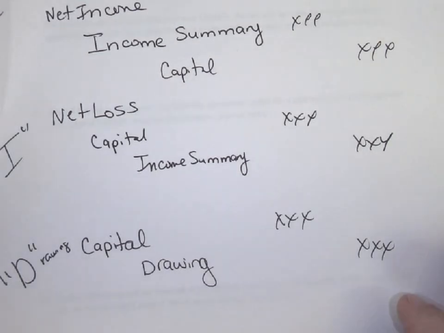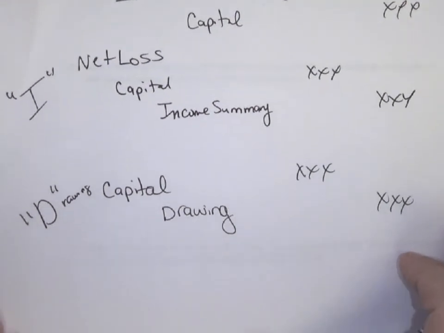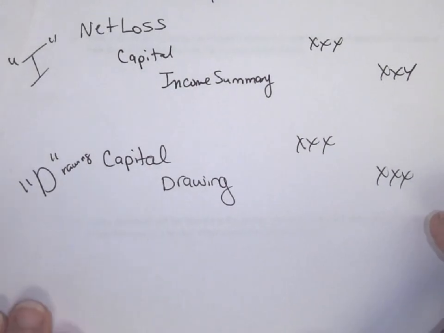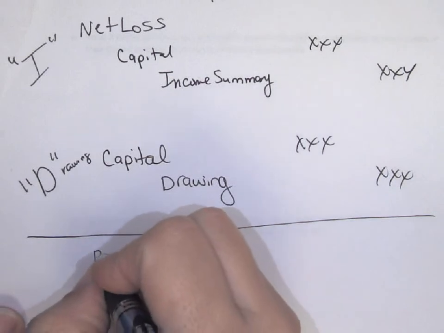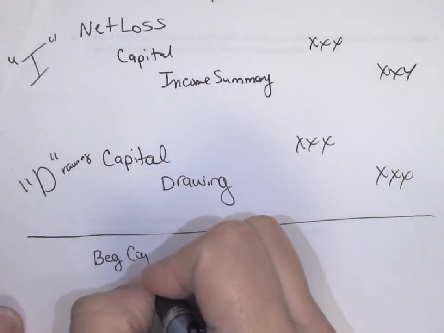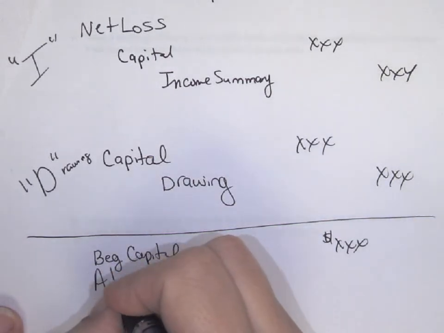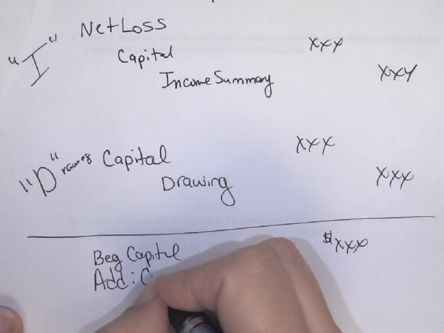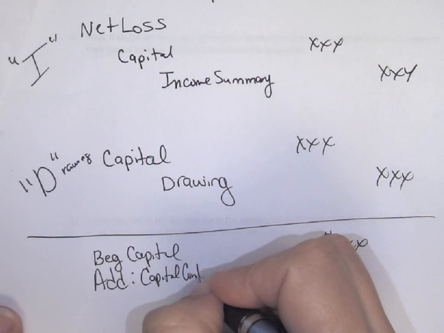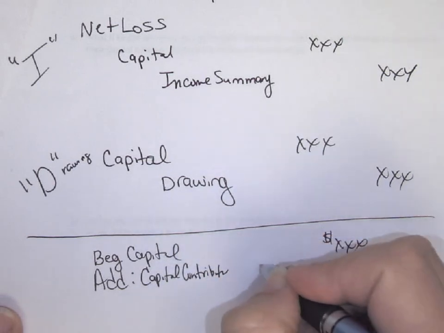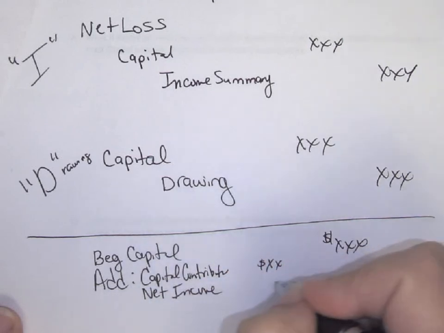When you are looking at what a partner's balance is in an account, that can go back to that statement of owner's equity that we have done in the past. With that, we start with our beginning capital balance. We then would add to that any capital contributions or owner investments. Our net income would be added.